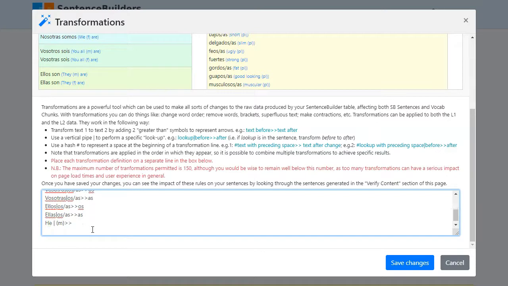And the same with she, so we're going to say that if our sentence contains she, that's the lookup pipe, space, brackets F, convert to nothing.